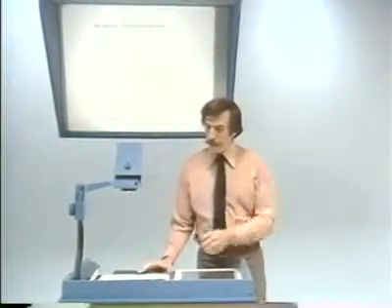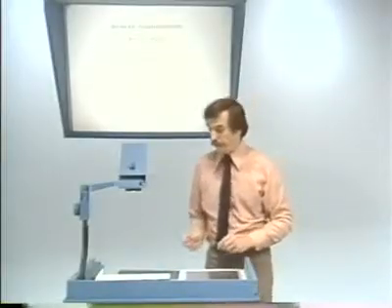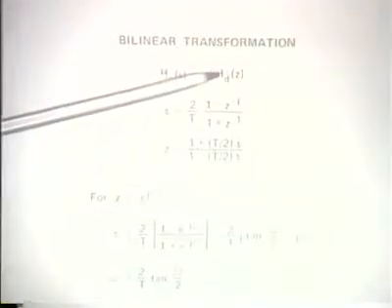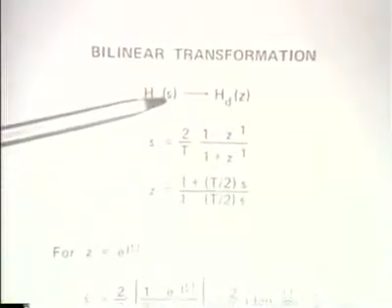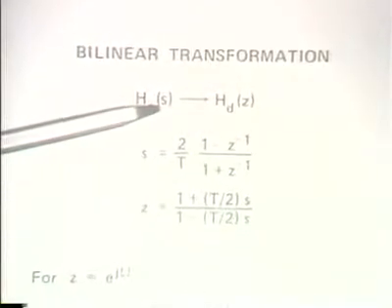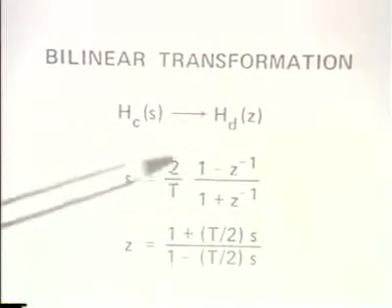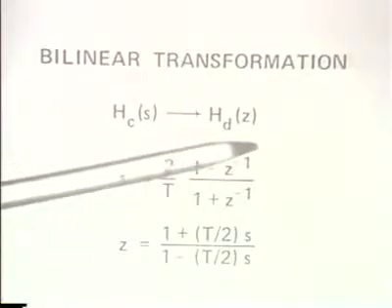The bilinear transformation, which I won't try to derive here in any detail, is a mapping of continuous time filters to discrete time filters corresponding to taking the Laplace transform variable S in the continuous time filter and replacing it by what is referred to as a bilinear function of z.